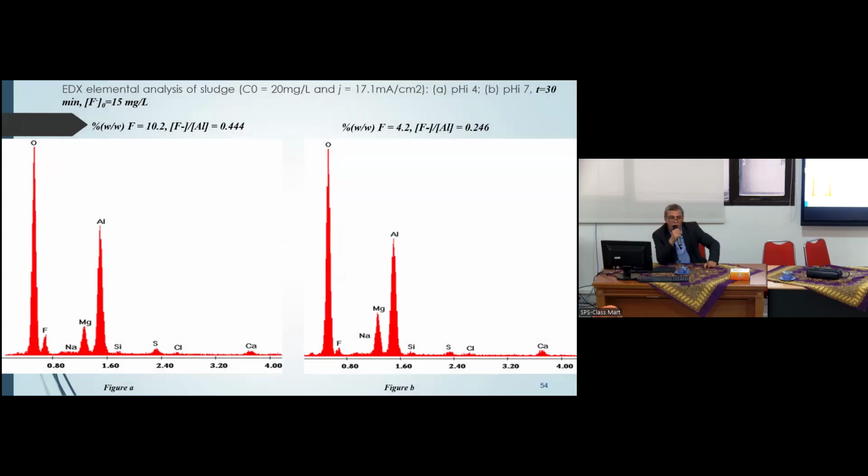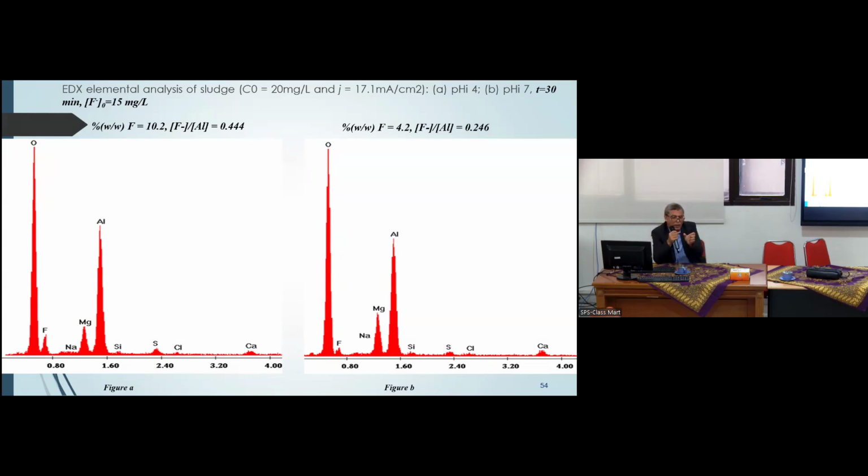We have analyzed the sludge with the SEM, scanning electron microscope, and we have the results. For pH 4, for example, the ratio is 0.4. This is double that in the case of pH 7.